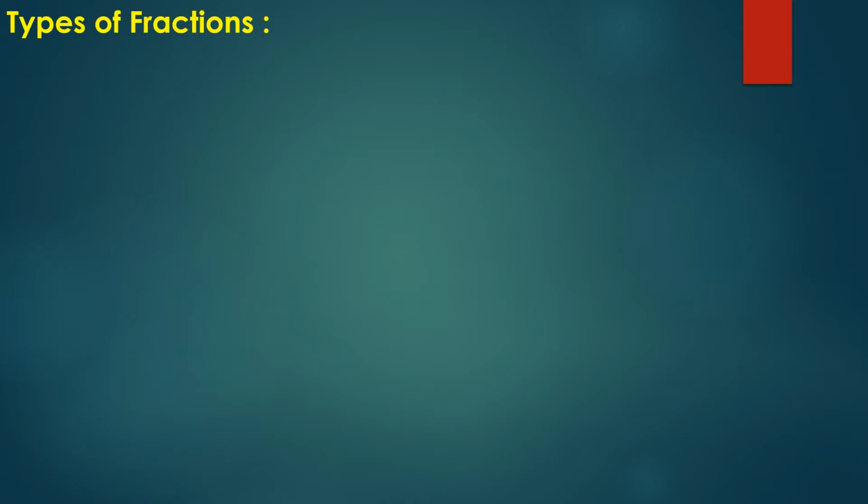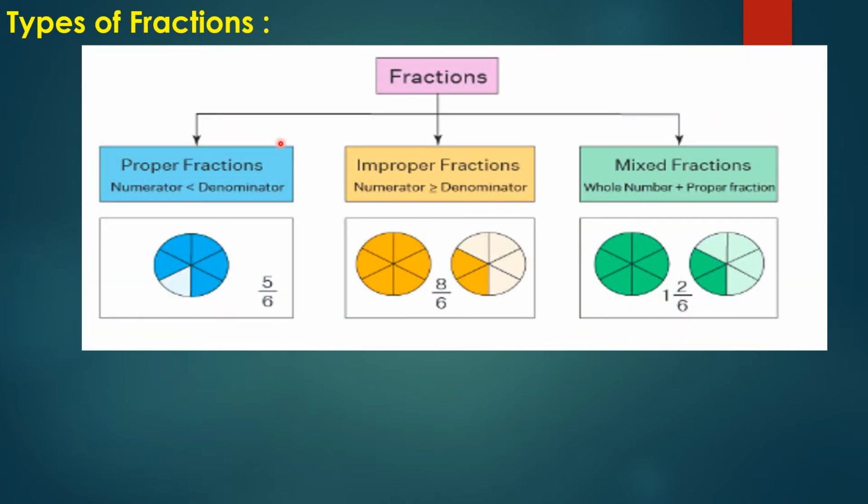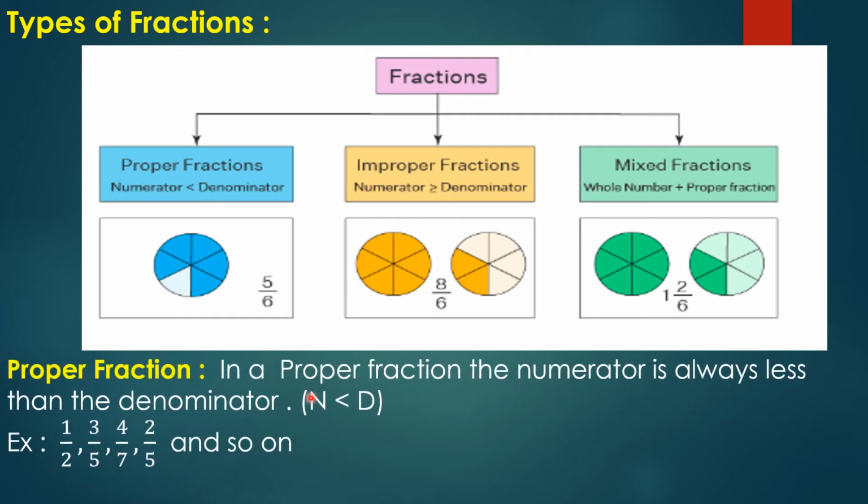Now let us understand what the types of fractions are. There are 3 types of fractions. One is proper fractions, second is improper fractions, and next is mixed fractions. Now let us know the differences between proper, improper and mixed fractions. In a proper fraction, the numerator is always less than the denominator.